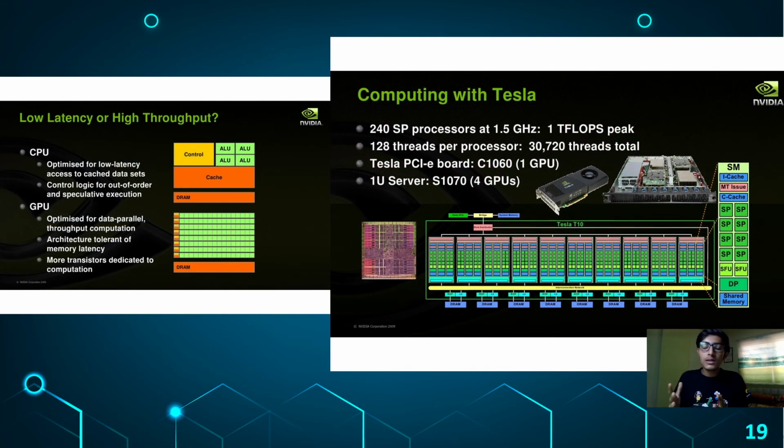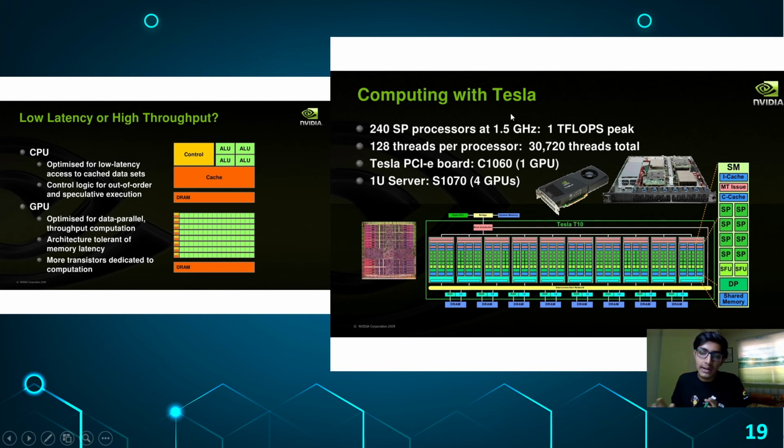Coming back to where we discussed the CPU and GPU, here is an image which shows specifically how both are differentiated. The CPU optimizes for low latency, whereas the GPU works for data parallel throughput. And we can see from the image how there are more ALUs in the GPU than in the CPU.